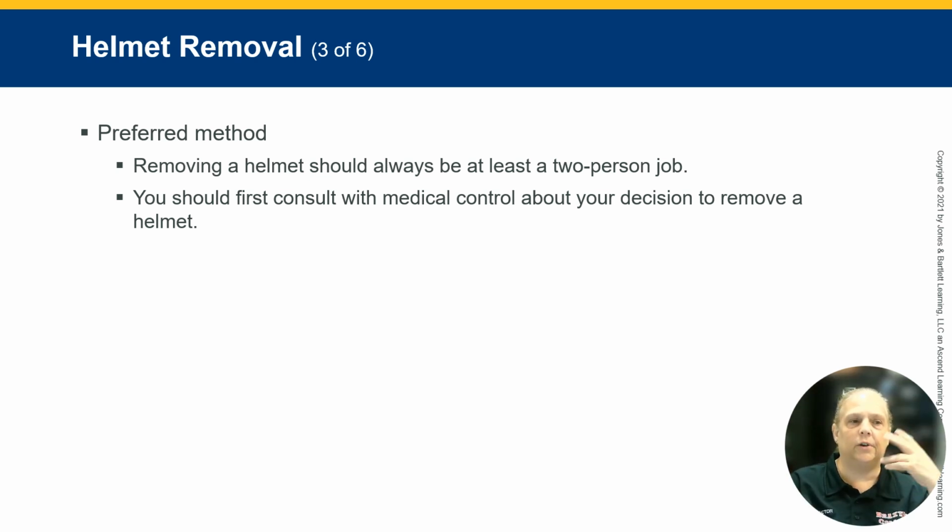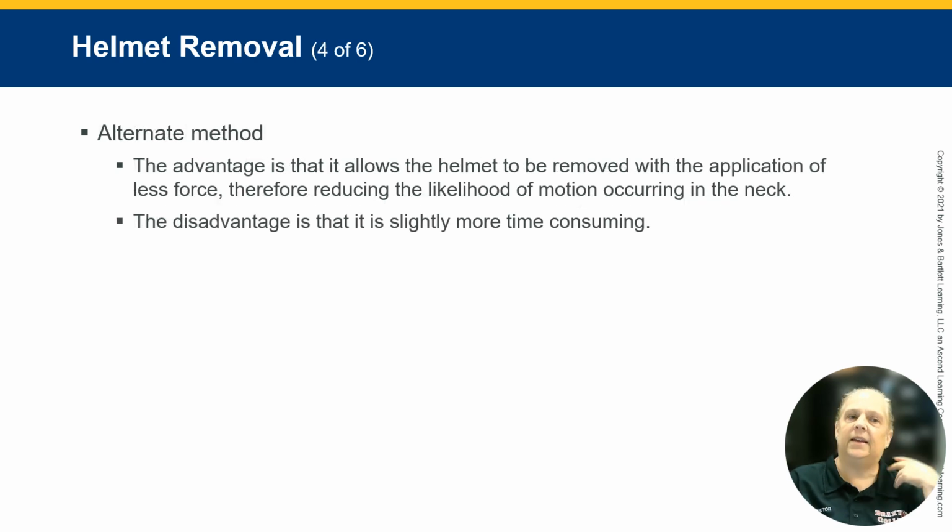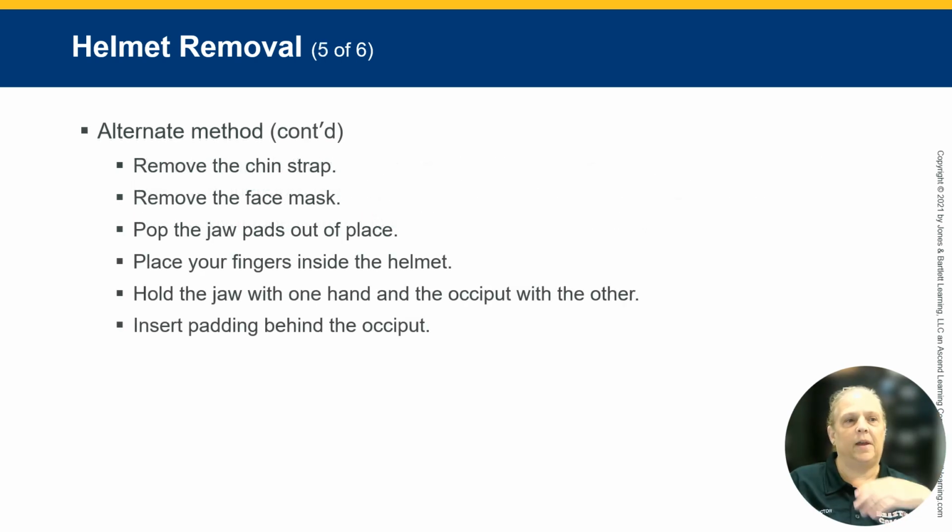We do have an alternative method. It's going to take a little bit longer, and we don't have to put as much force to do it, but it does take longer. So we've got advantages and disadvantages of the two. So with the alternative method, we're going to take the chin strap off, remove the face mask, take the jaw pads out, put your fingers inside the helmet.